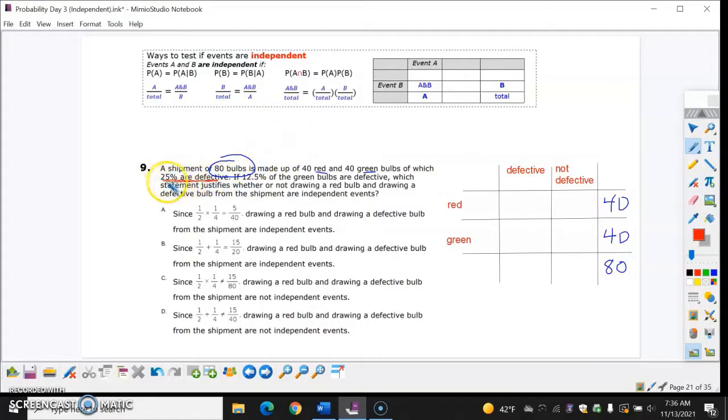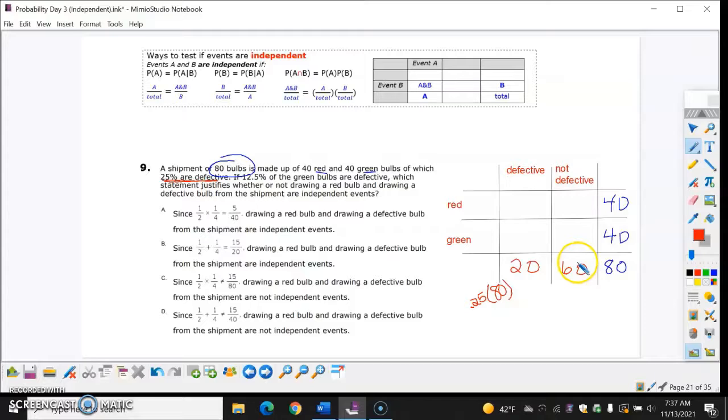If 25% of the 80 bulbs are defective, what is that as a number of bulbs? I would need to do 25% of the 80 bulbs to get that 20 of the bulbs are defective. Okay, that means that there'd be 60 that are not defective.